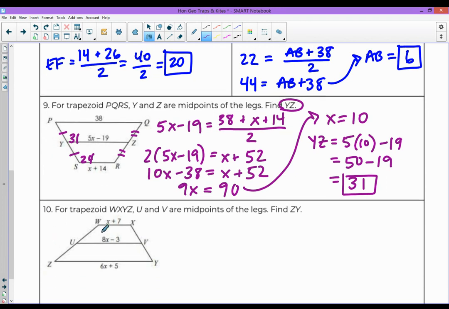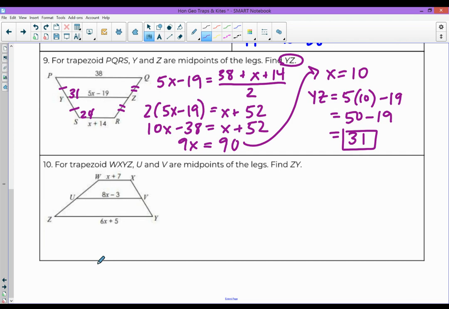All right, another one similar, except we have expressions for all three segments. So we'll just do it the same way. The mid segment equals the average of both bases, x plus 7 plus 6x plus 5 divided by 2.